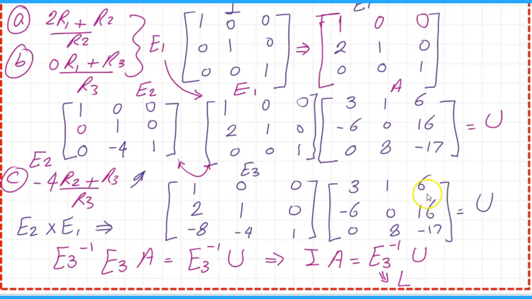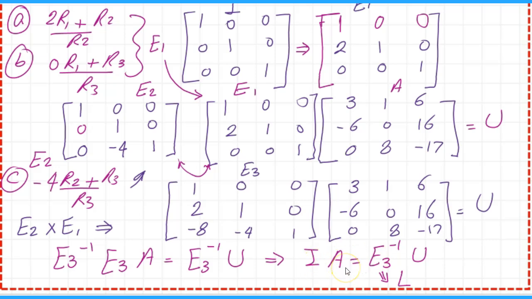But now we are saying that E3 by A equals U. If we multiply by the inverse of E3 on the left side, on the right hand side we will multiply E3 inverse. E3 inverse, the inverse of E3, will give us the identity matrix times A, and the inverse of matrix E3 will be multiplied by the U matrix.